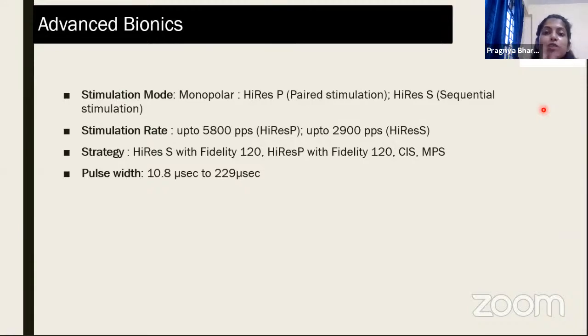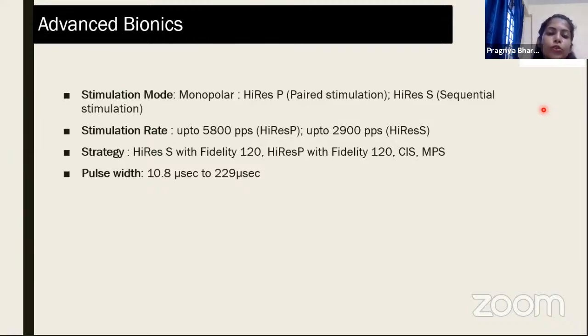HiRes P is when they use the paired electrode mode, and HiRes S is when they stimulate single electrodes sequentially. If they use only the 16 electrode channels individually, they can have a stimulation rate as high as 2,900 pulses per second per channel. When they use the paired mode, they can have stimulation rates as high as 5,800 pulses per second.